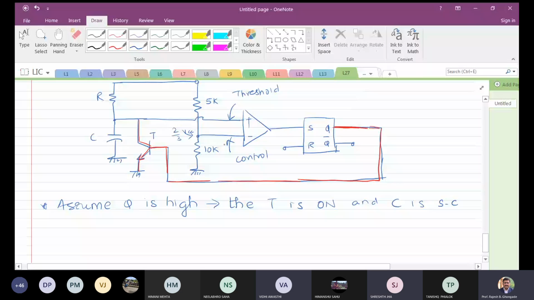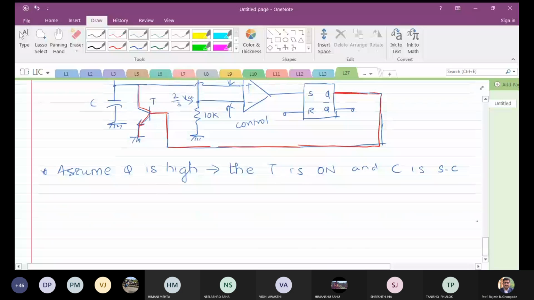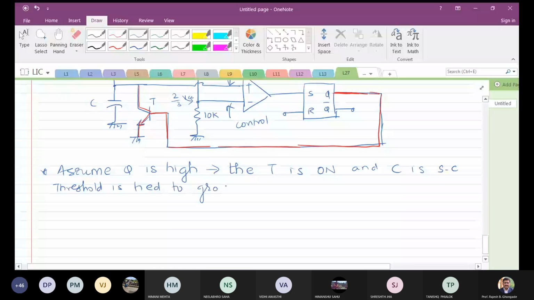As you can see, because of this condition, the threshold voltage is tied to ground in this condition.